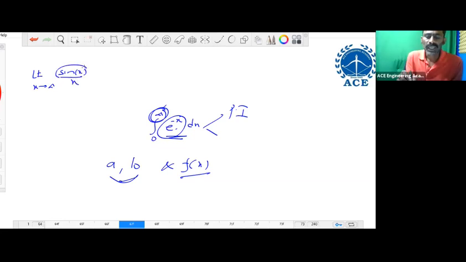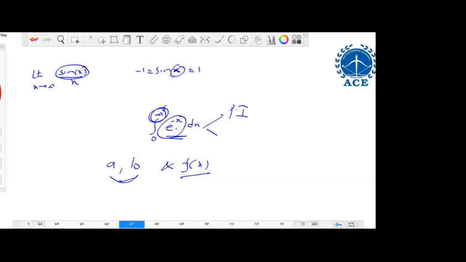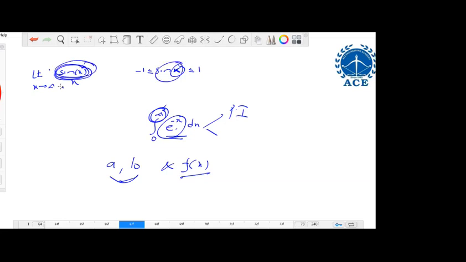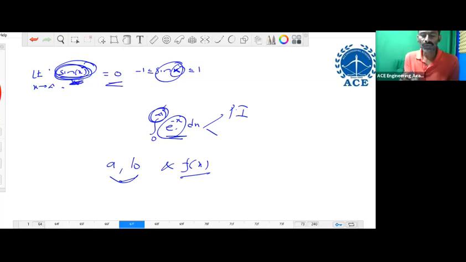Here, first of all, sin x lies between minus 1 and plus 1 only. Sine of anything lies between these two. So sine of infinity is some finite value into 1 by infinity, which is 0 into something, 0. But here 1 by x is not there, only sin x, so the limit does not exist in this case.